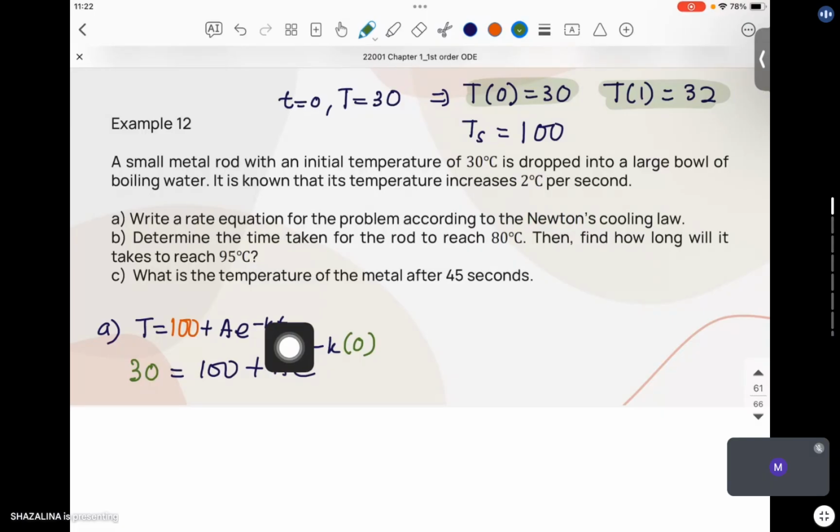Capital T, small t, depend on condition. Okay, continue. 30 minus 100 equals, exponent power of 0 is equal to 1, 1 times A is equal to A. So we have A here is negative 70.